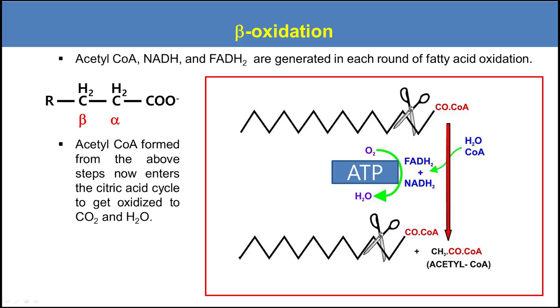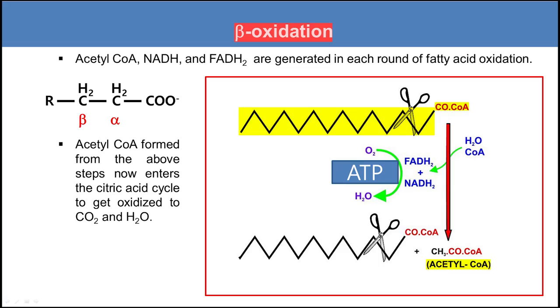So what is then beta oxidation? Again, this beta oxidation process takes place inside the mitochondria. We are looking at this very, very simplified cartoon. Fatty acyl coenzyme A can be biochemically cut two carbons at a time. In each cycle, acetyl-CoA can be generated.